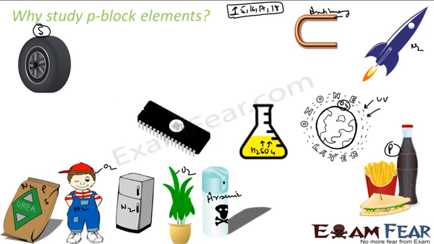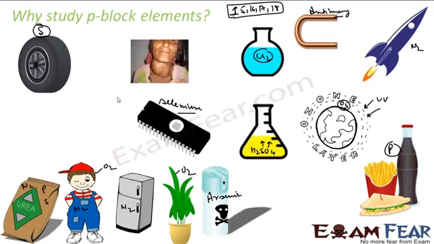If you talk about semiconductors, in semiconductors we use selenium, and selenium is also a P block element. If you talk about disinfectant of water, we use chlorine, and chlorine is again a P block element. Iodine helps to produce the thyroid hormones.